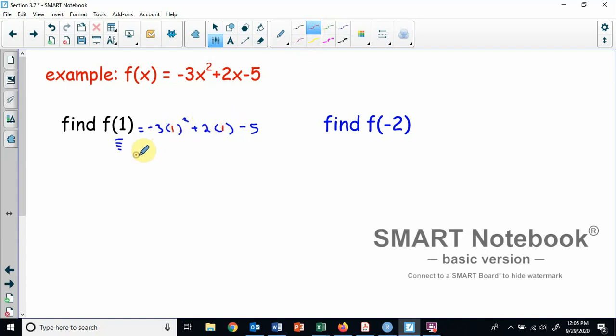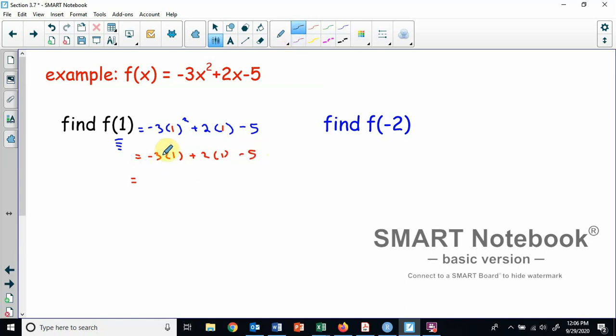And once again, you could just literally type all of this in your calculator as you see it very carefully. Negative 3 parentheses 1 parentheses squared plus 2. Or we could do this just by hand. So order of operations tells me I have to do exponents first. What is 1 squared? And 1 squared is 1. Then I can do multiplications.